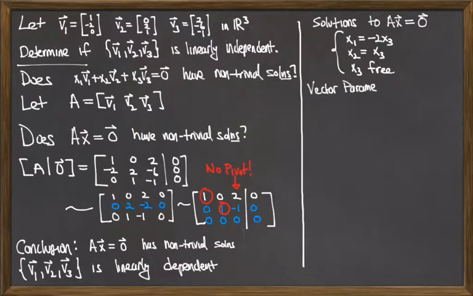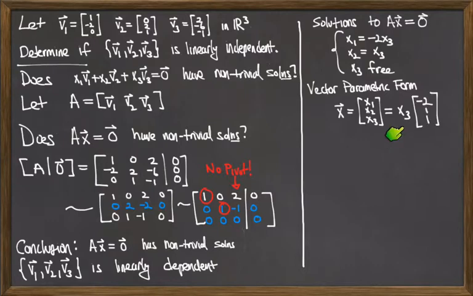If you prefer, you can write this in vector parametric form. x is the vector whose entries are our three variables, x1, x2, and x3, and we can replace them with the result above, and typically we factor out the parameter x3 just to emphasize that the solutions to the homogeneous equation are (-2, 1, 1) scaled by our parameter x3, our free variable.